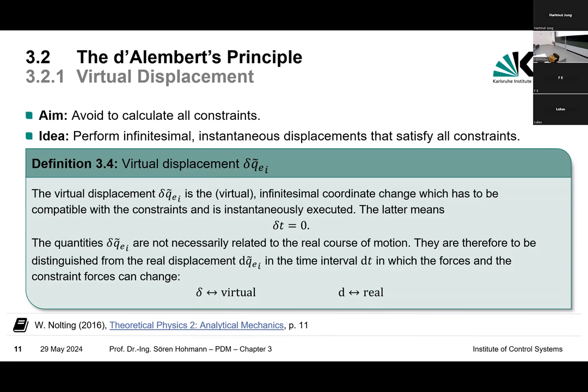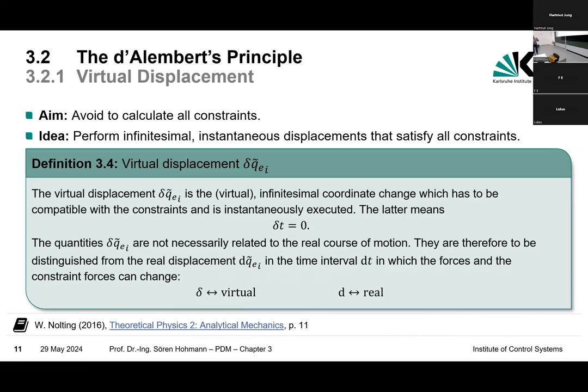It is an example of what we want to do, just to learn it by heart. Delta is somehow virtual, and d is a real displacement. So to distinguish the two, we need that later on to describe the mathematics correctly.